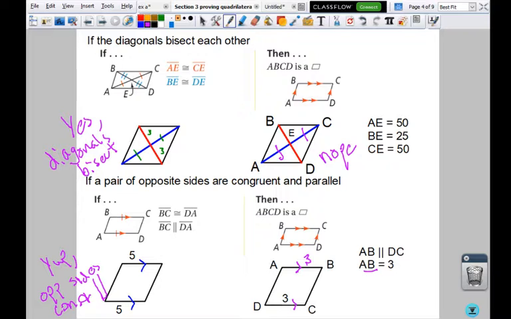So opposite sides in this one, they're congruent, because 3 and 3. They're parallel, so yup again. Same reason, opposite sides congruent and parallel. I'm gonna use some symbols because I don't have enough space.